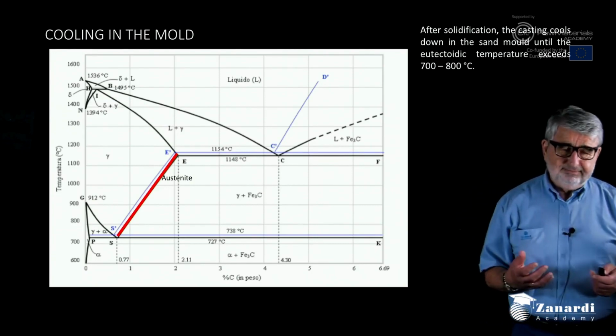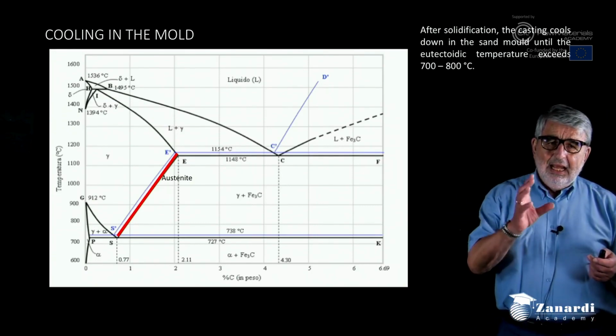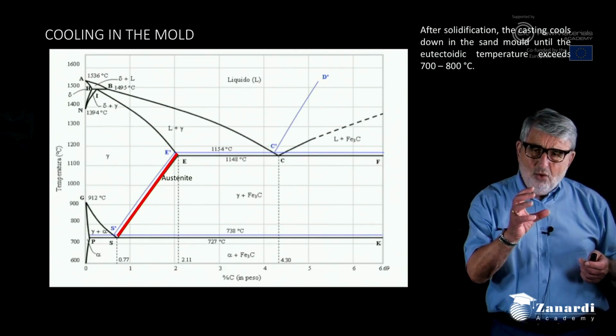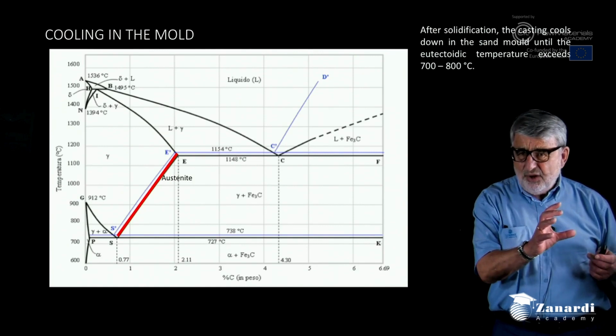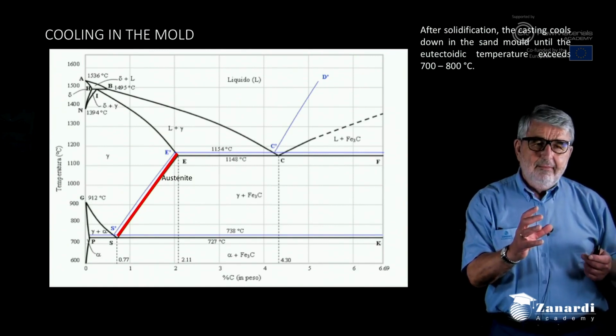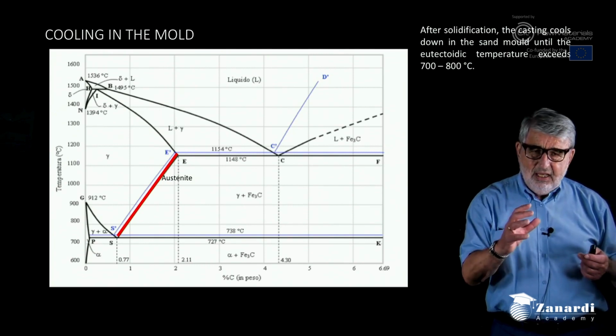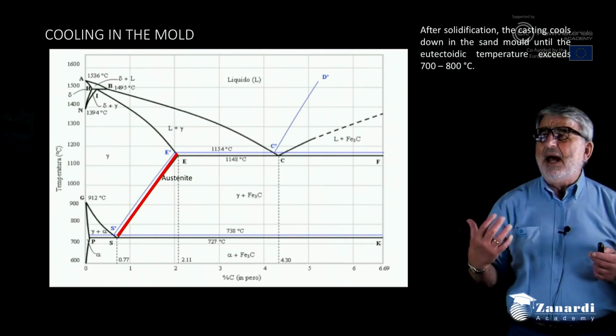So after the freezing, after the solidification, the metal cools. And during cooling, nothing happens at the spheroids, that remain as they are, but we have a transformation of the matrix.